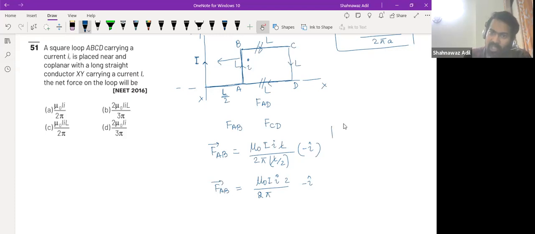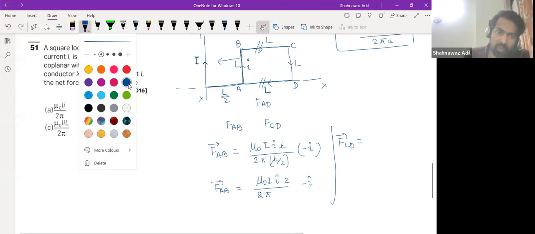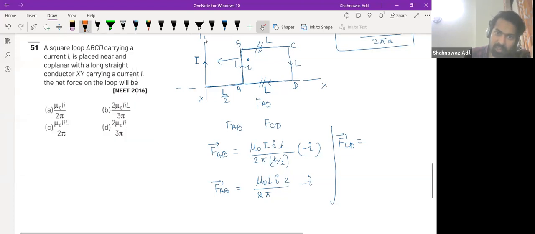Similarly, what would be FCD? You guys tell. Its length is L. So what would be FCD, guys? We are calculating the force between this wire and this wire.